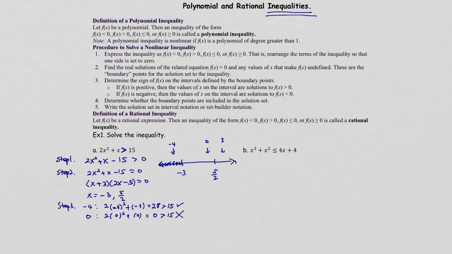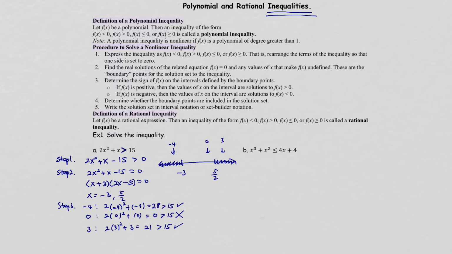Probably the other area should work, but we wanted to make sure, so we check that number too. That will be 2 times 3 squared plus 3. That gives you 18 plus 3 is 21, which is greater than 15. So that area works.